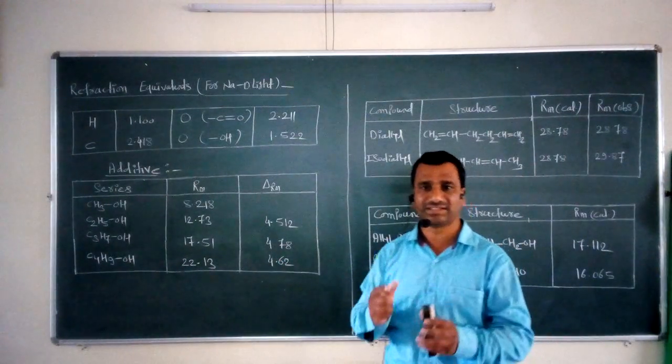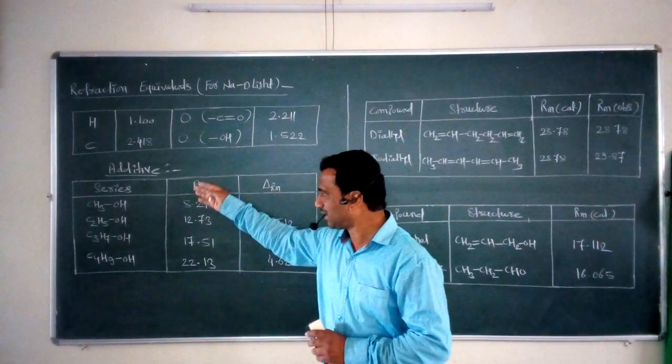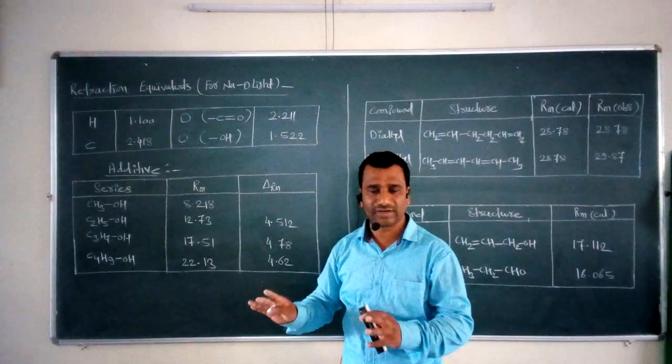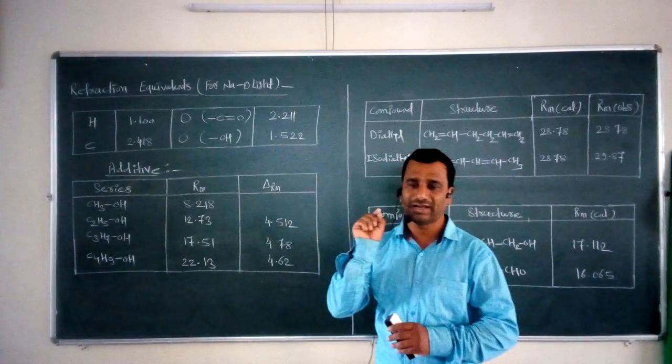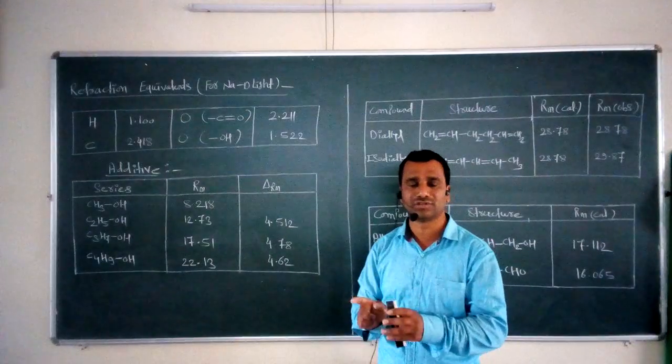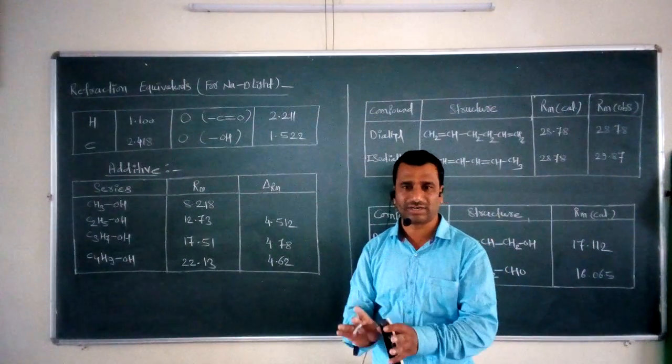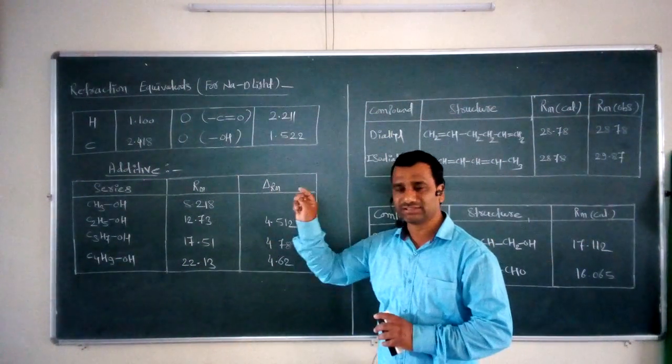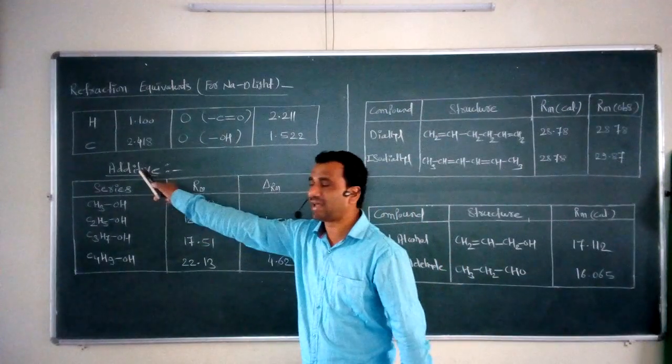No doubt the molar refraction values are different for different alcohols, but at the same time the difference between the molar refraction of two consecutive alcohols remains fairly constant, and that's why we say molar refraction is a partly additive property.